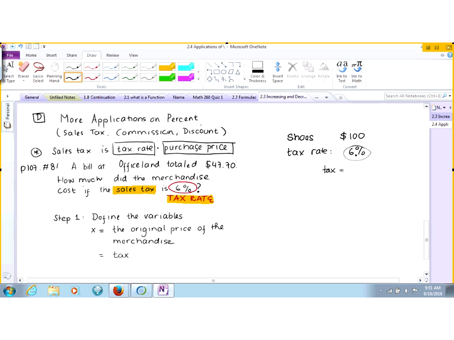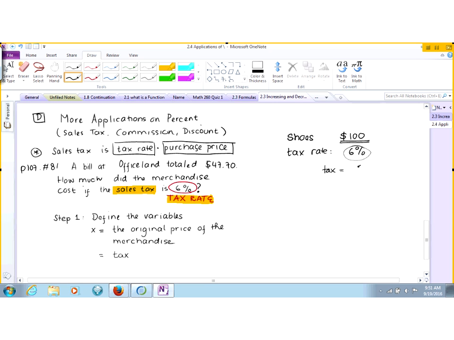Do we know the tax? You don't know? So you only pay 6 cents? If your shoes are $100 and you have to pay tax, right? You can't just buy shoes without paying tax. And your tax rate is 6%.